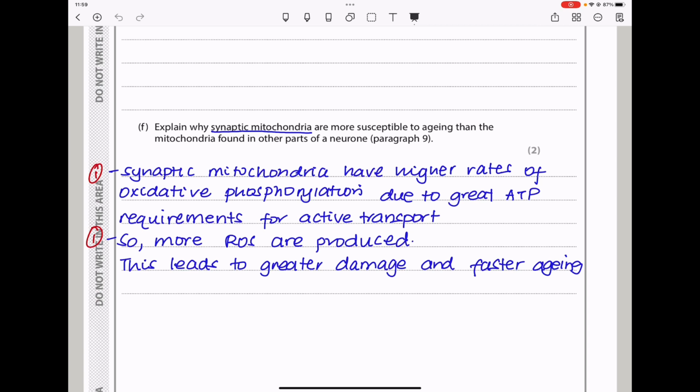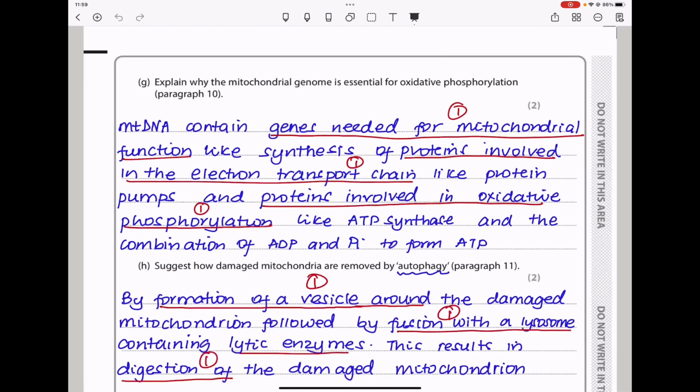The synapse is very active and requires a lot of ATP generation for active transport, so the mitochondria in the synapse are working so hard. So I say synaptic mitochondria have higher rates of oxidative phosphorylation due to the great ATP requirements for active transport. So more reactive oxygen species are produced, and this leads to greater damage and faster aging.